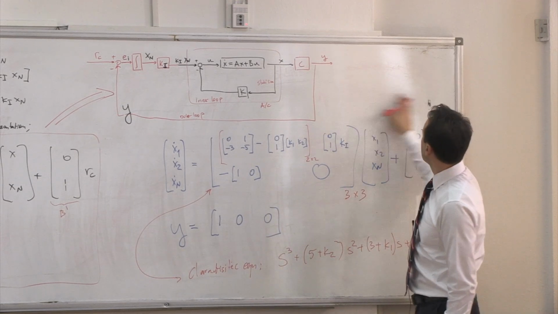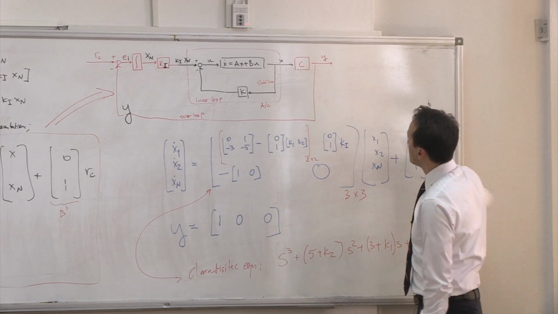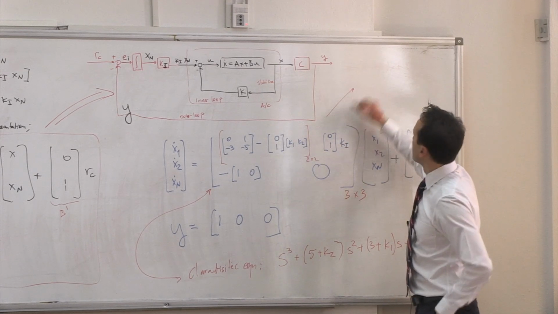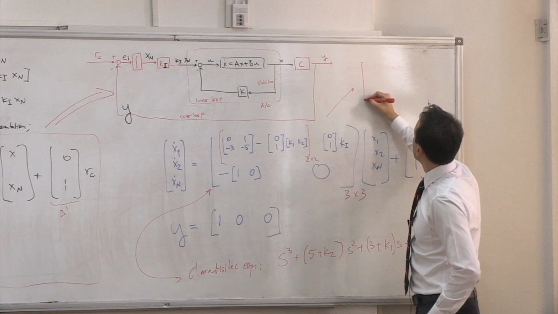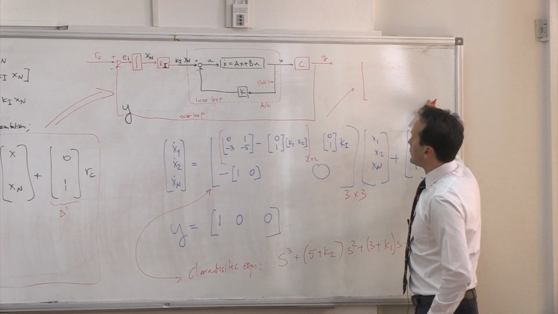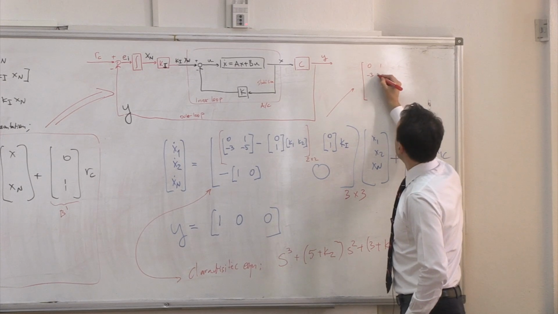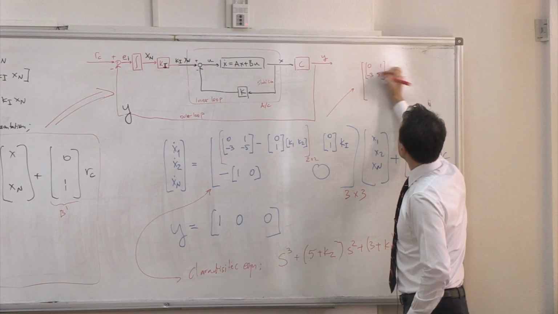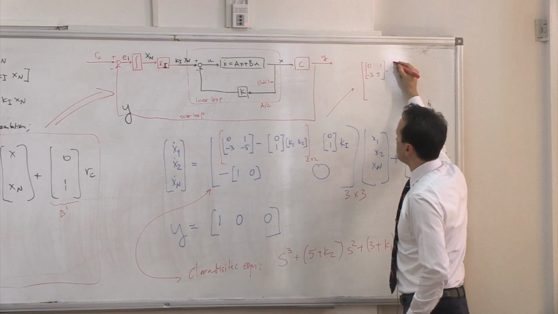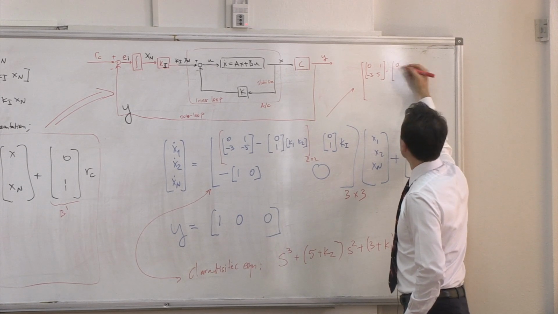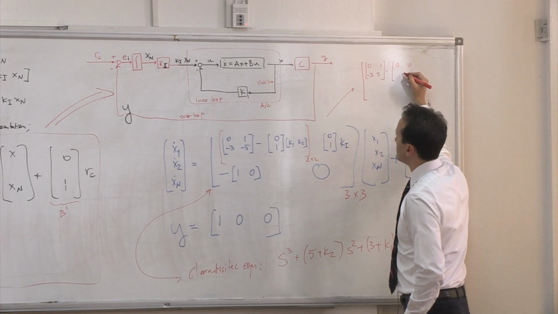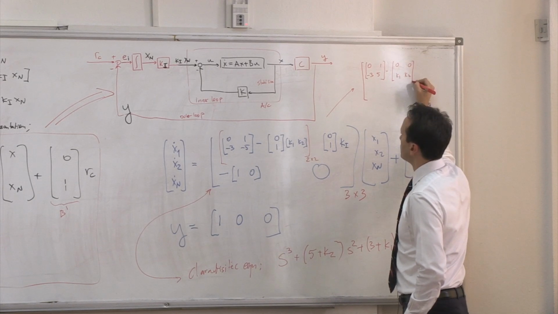In fact, maybe we can write this equation down in this matrix. It looks like this, the system matrix. 0, 1, minus 3, 5, minus 0, 0, 0, 1, K2.